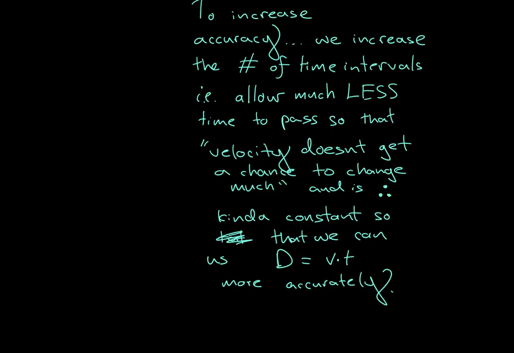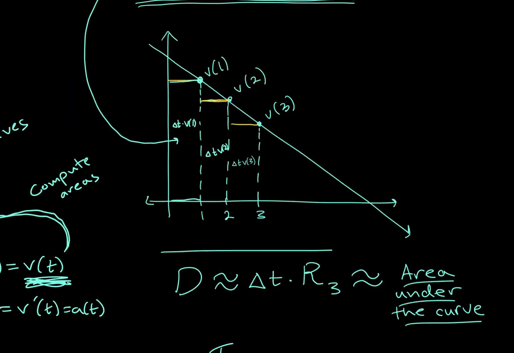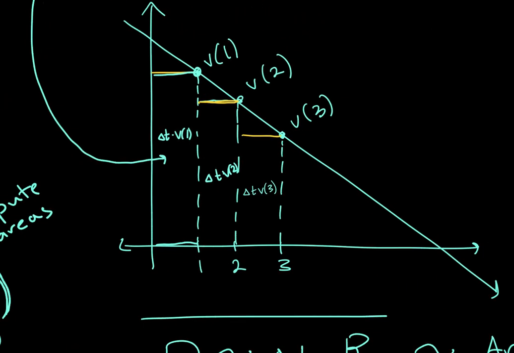But in context of the picture, because we like pictures, all that means is I'm going to introduce more rectangles. So if I only allowed, for instance, let's go here, like this much time to pass instead of the full 1 second, then this would be my sample point. I call it a tag. That would be the tag. We'll develop that later.